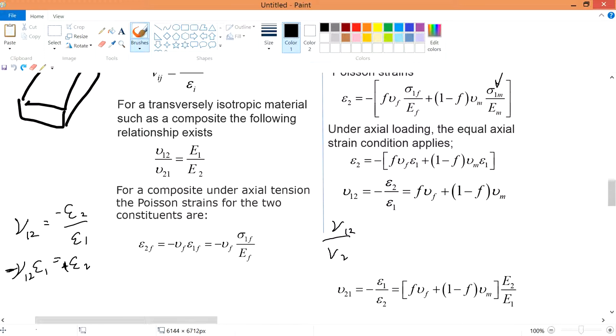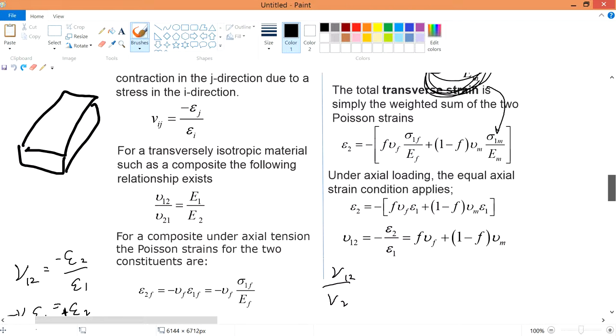Allow me to repeat as a summary, so at least it's more clear, because I think I ran too fast. The Poisson ratio is the lateral strain divided by the longitudinal strain, where V12 equals strain 2 divided by strain 1, with a minus sign.